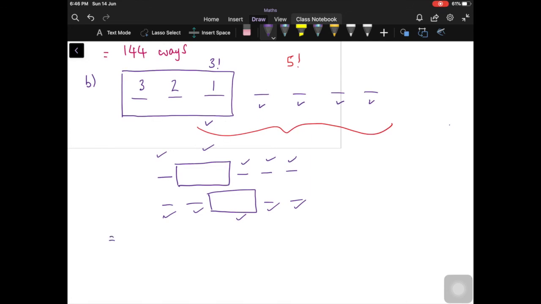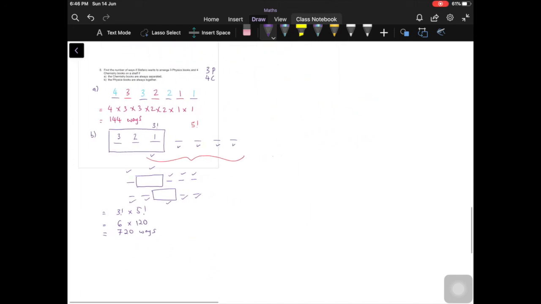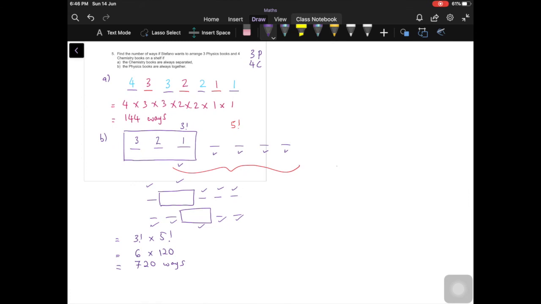So it gives us the answer 3 factorial times 5 factorial. 3 factorial is 6, 5 factorial is 120, which gives us the answer 720 ways.